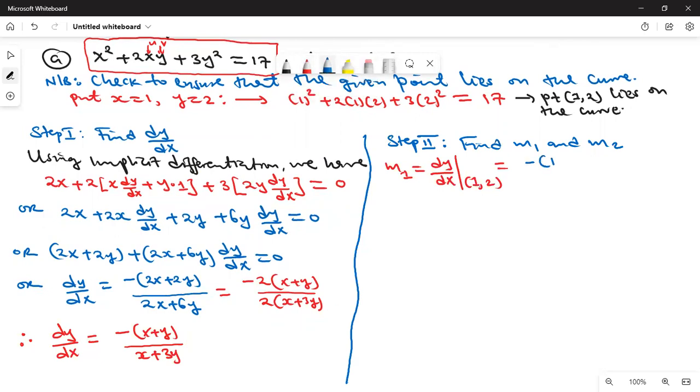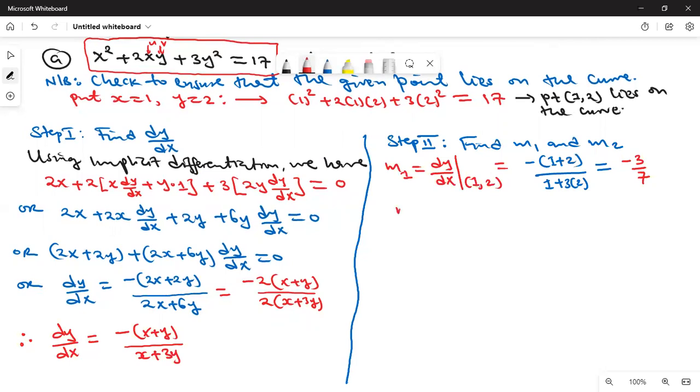We are going to get negative of (1 plus 2) over x, which is 1, plus 3 times y, that is 3 times 2. And when you simplify that, I can see negative 3 in the numerator. Denominator, we have 1 plus 6, that is 7. So that's negative 3 over 7. That is the gradient of the tangent line.